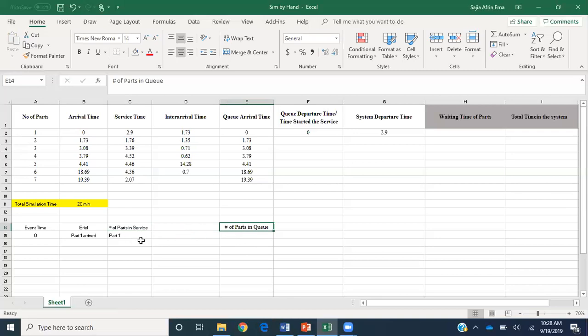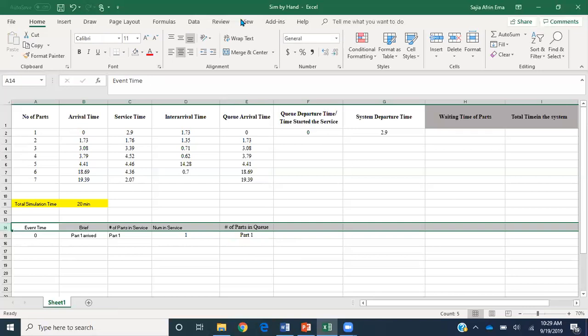So number of parts in service is part 1. So what is the number in service? It's 1. What is the number of parts in queue? There is no part in queue. However, part 1 passed the queue. So we'll just write part 1 passed the queue.